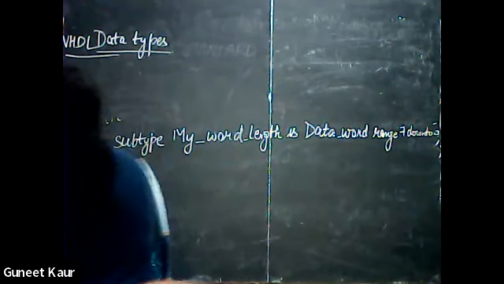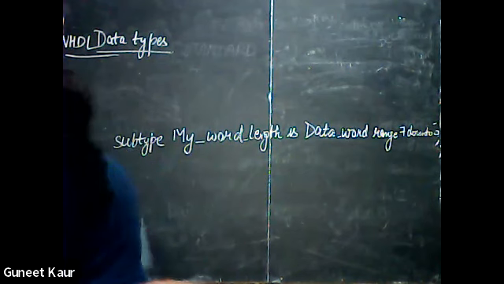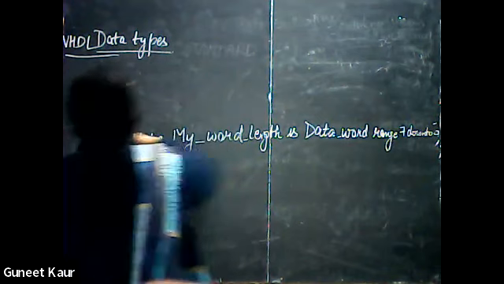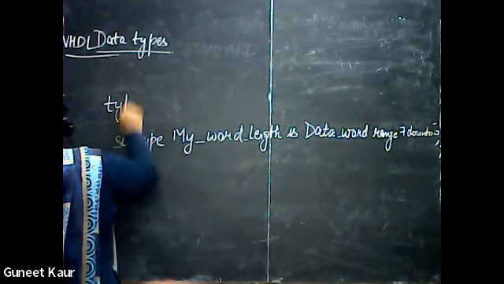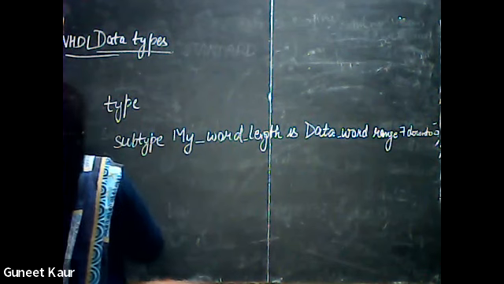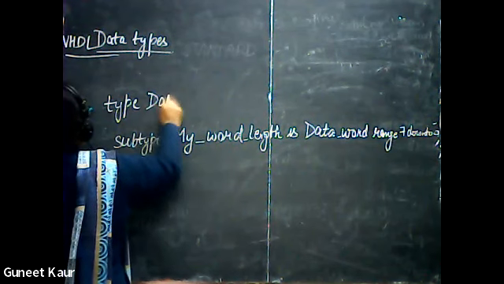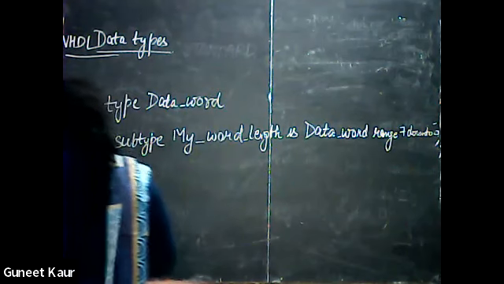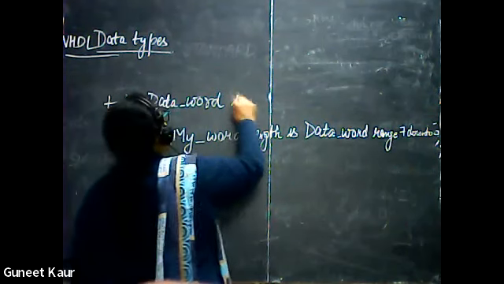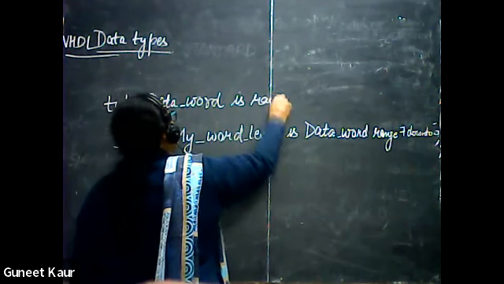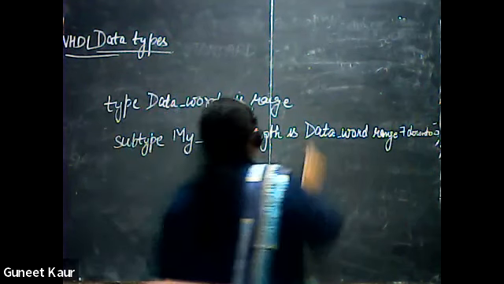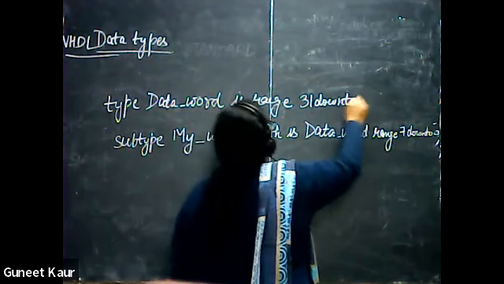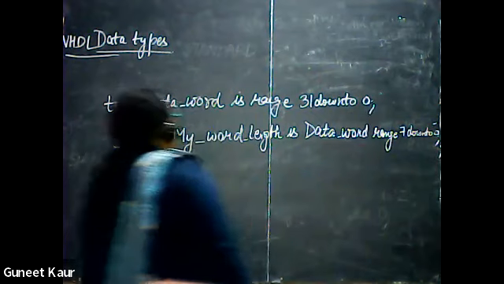Before this, I had written the type data_word. I will write it again. The type is here: type data_word is range 31 downto 0.